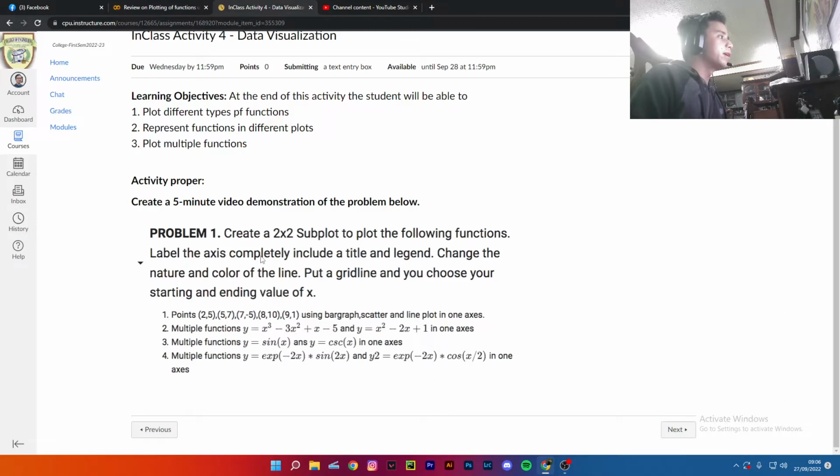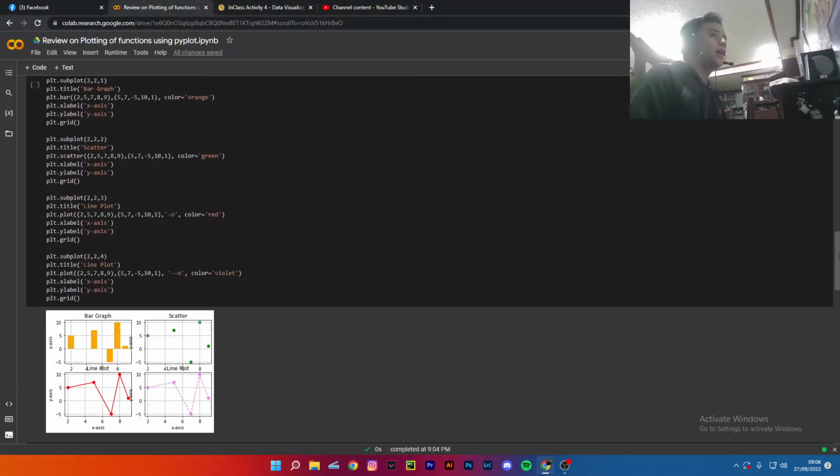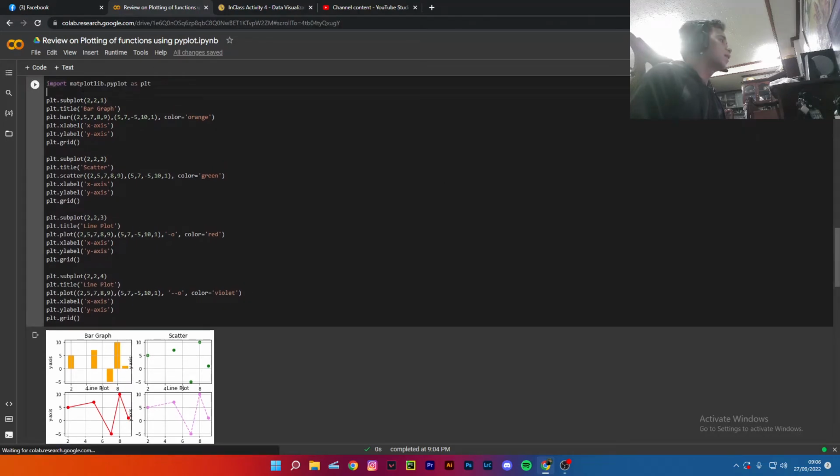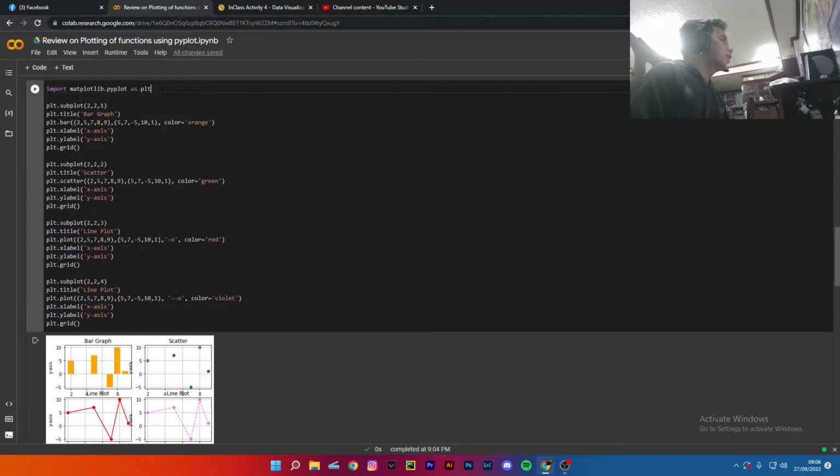Though on the problem here, it is said that we have to create a 2x2 subplot. So here we have a subplot. I made a subplot. First we have to import the matplotlib library as plt, and plt.subplot here, wherein this is the rows, columns, and position.